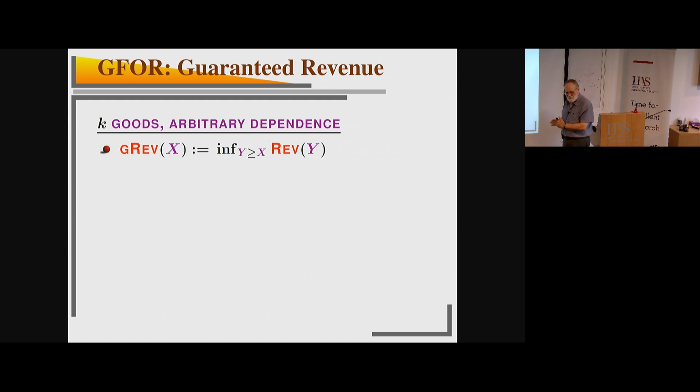So you are given x, you don't think of x as the actual valuation, but as a lower bound of the actual valuation, so the valuation could be x or higher. And then you ask yourself, what's the revenue I get from any y that is higher than x, and what's the worst? And that's this infimum. And I remind you, there was a result saying this can be guaranteed. That's why we call it GREV, guaranteed revenue.